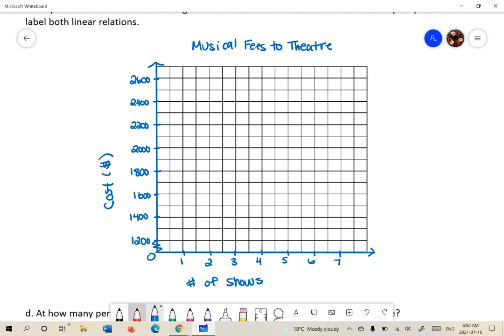I'm going to plot Cats in red. 0, 1,250. 1, 1,575. 2, 1,900. 3, 2,225. 4, 2,550.